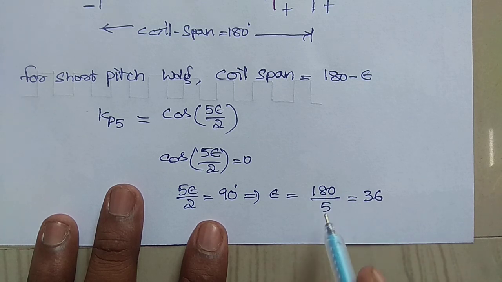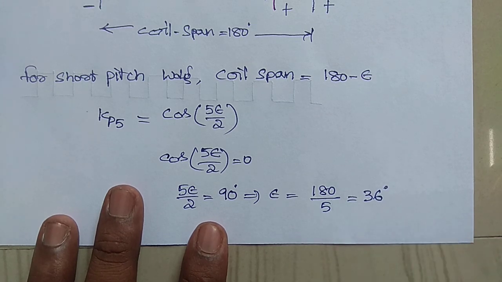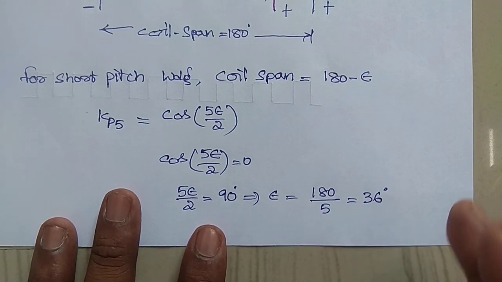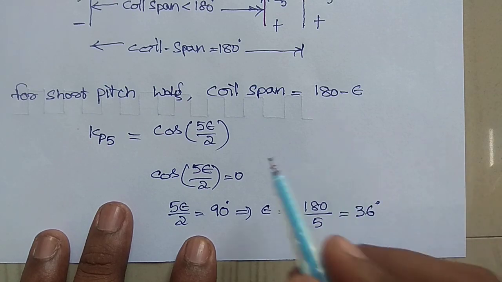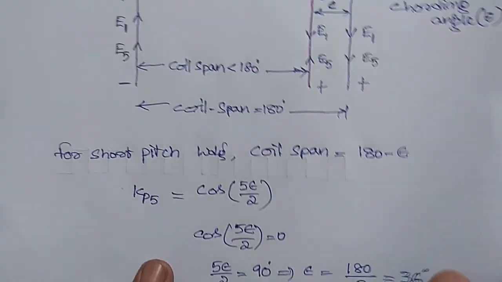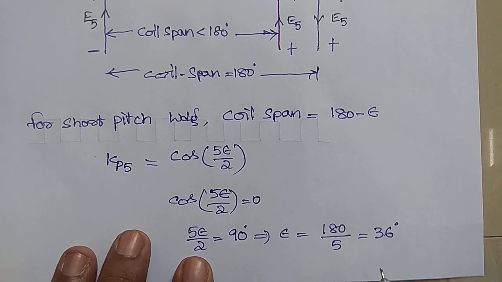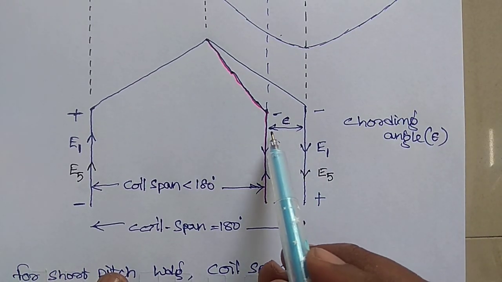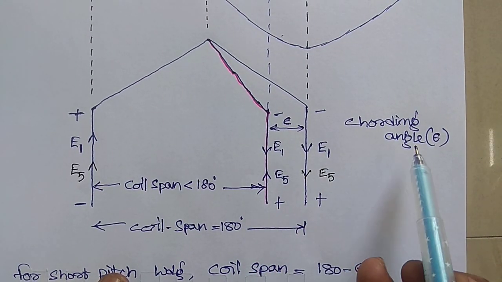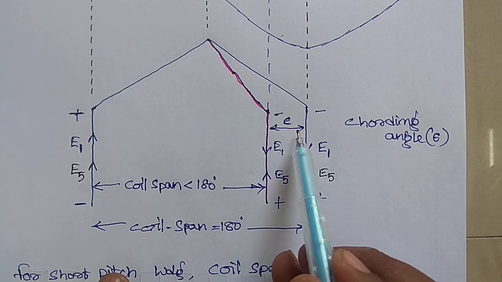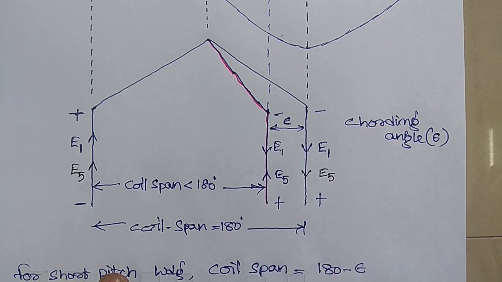Is it clear? Okay, 36 degrees. In the same manner, what happens to the seventh order harmonic? Here 36 means I want to make this chording angle 36 degrees, then I can eliminate this fifth order harmonic.